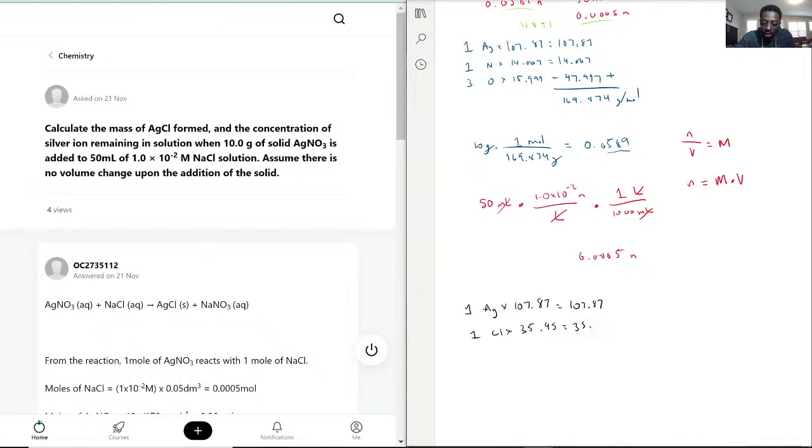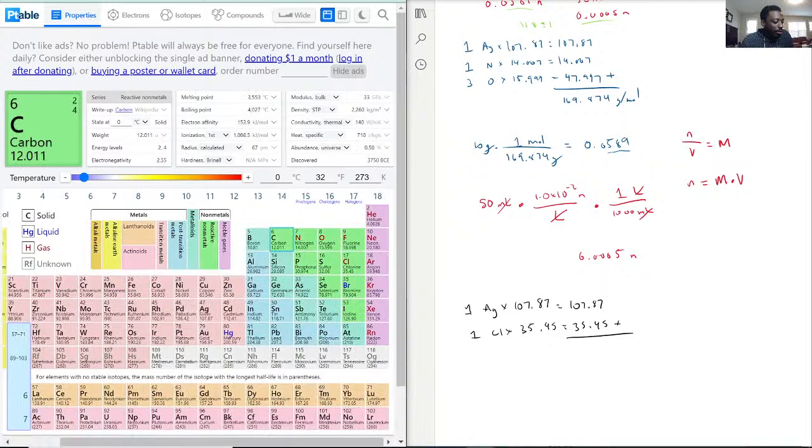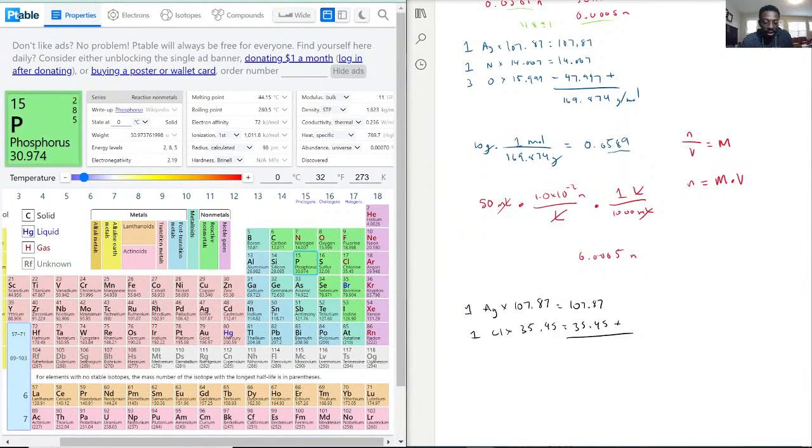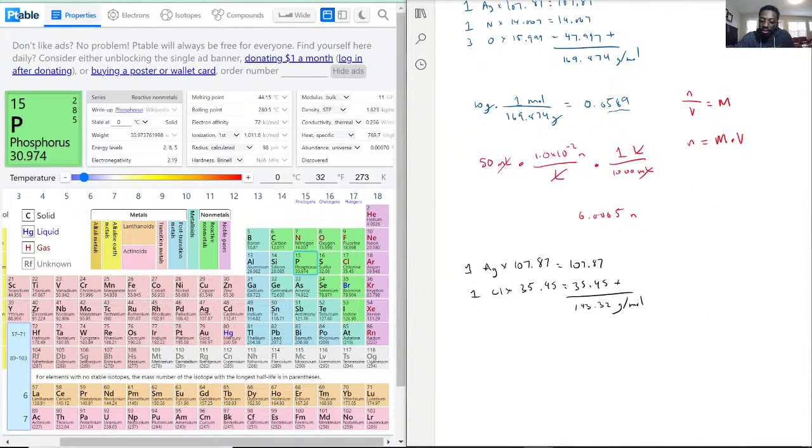107.87, 35.45, add them together, 107.87 plus 35.45. Okay, and we get 143.32 grams per mole. So now we factor that in using that 0.0005.